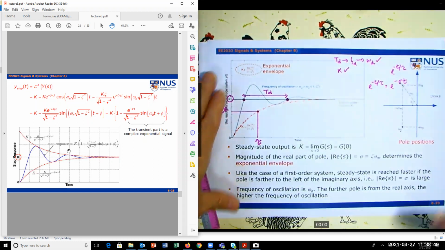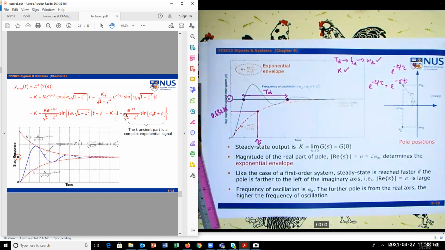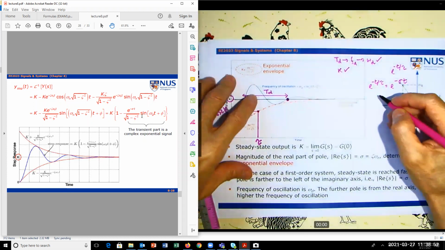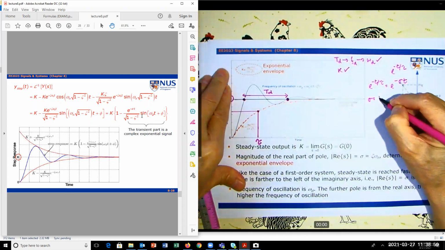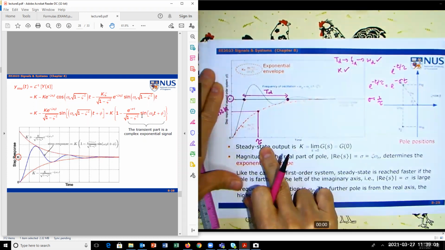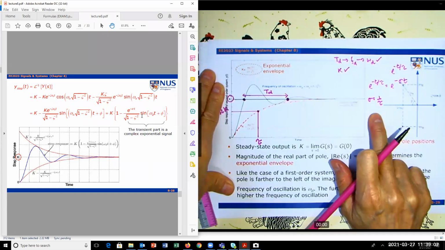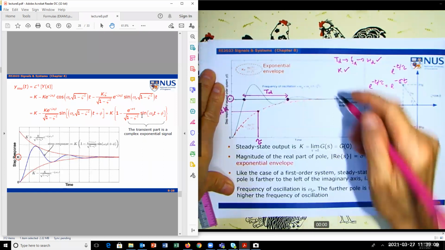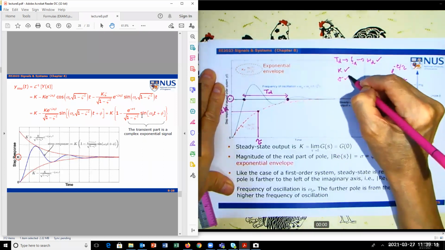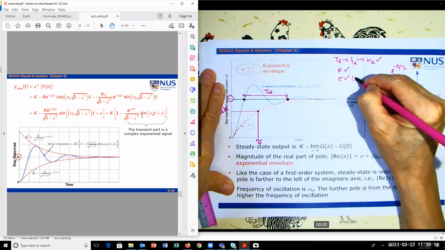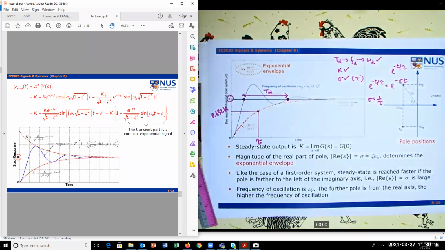Why sigma t? Look at the equation here: e to the minus sigma t. So that means sigma is 1 over tau, and we have discovered tau already. So I know sigma. I found sigma already because sigma comes from tau, and tau is obtained from the graph.